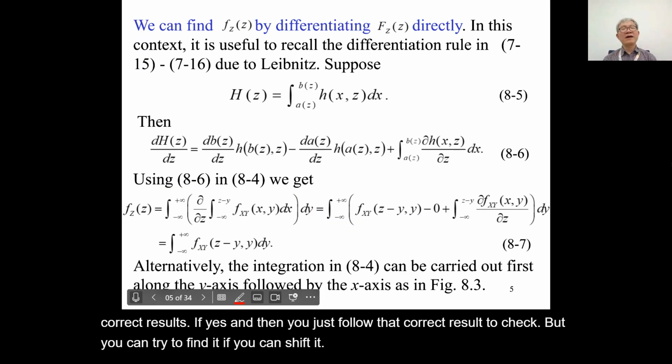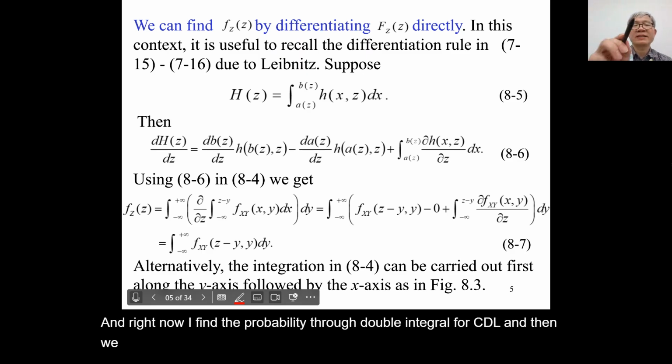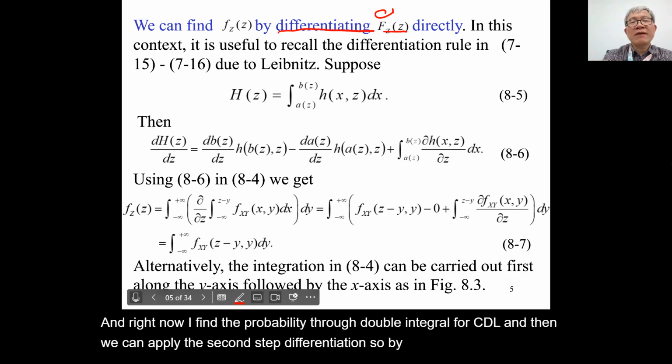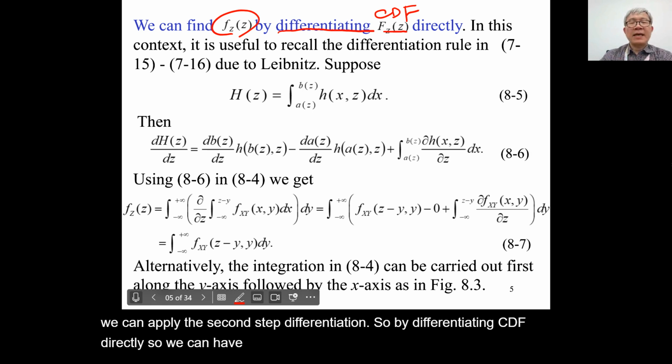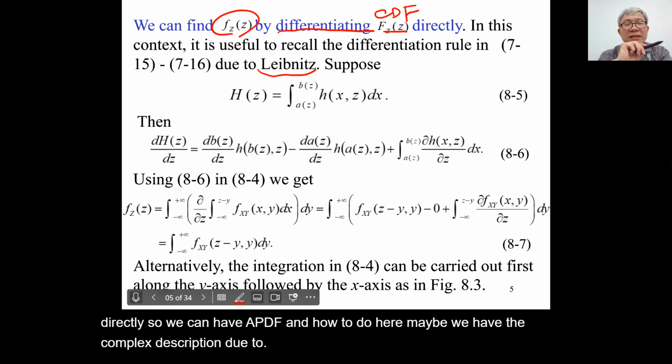Now, having found the probability through double integral for the CDF, we apply the second step, differentiation. By differentiating the CDF directly, we get the PDF. Here maybe there is a complex discussion due to Leibniz, but it won't be necessary.